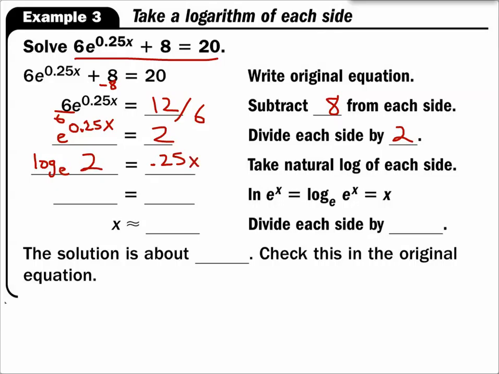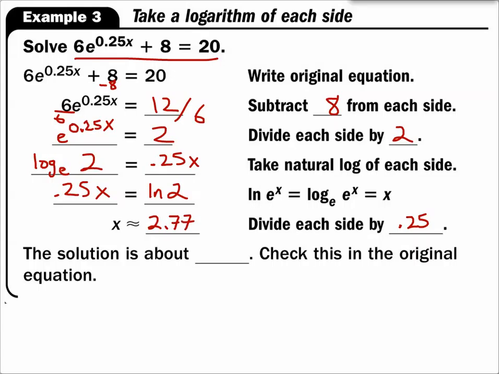And that's adorable until you remember that nobody actually writes log base e. We write ln. So 0.25x equals ln of 2. Not quite done. Divide both sides by 0.25 to actually figure out what x is, and you get about 2.77.